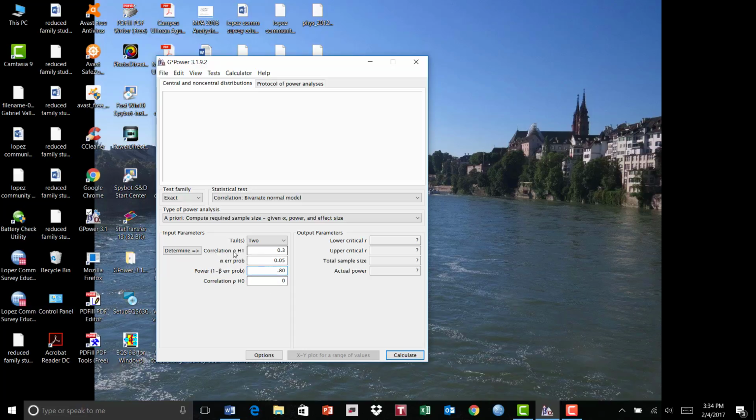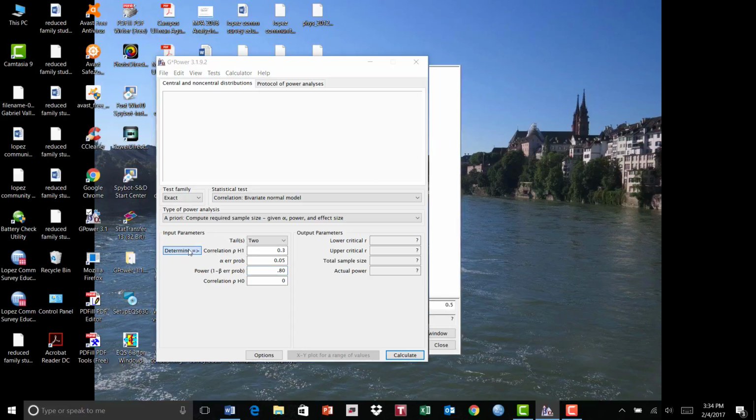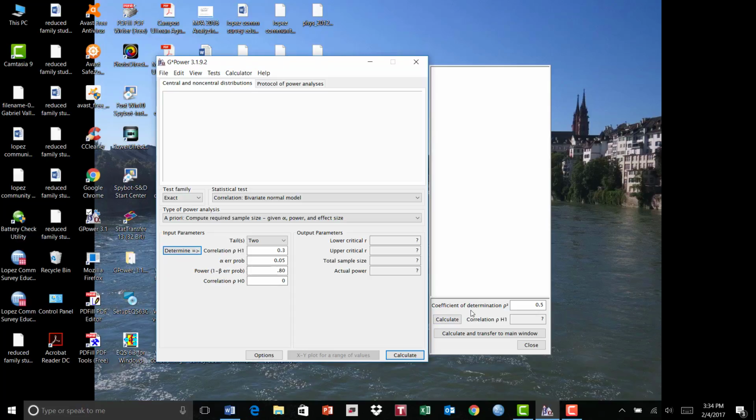Now, what size do you want to have enough power to detect? Well, it's good to do that in terms of percent of variance. This is rho squared, the coefficient of determination. With a correlation coefficient, it would be the percent of variance shared. So this would say 50% of the variance was shared.